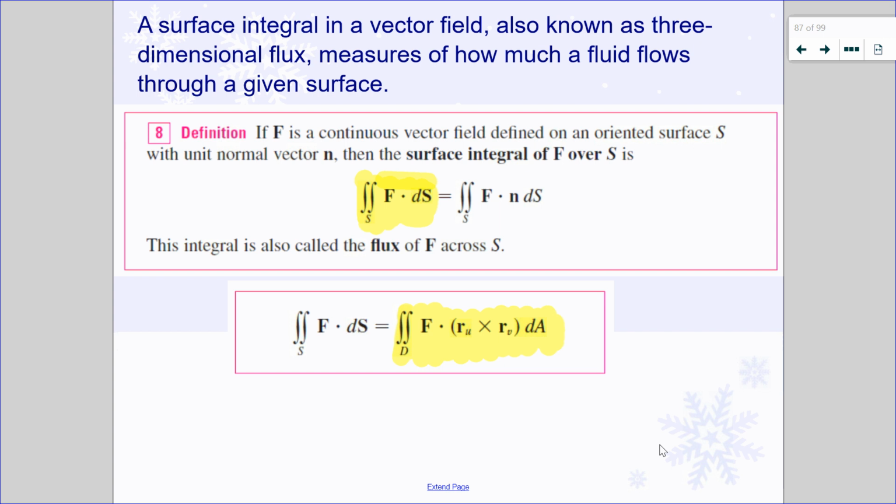You'll find r sub u and r sub v, the partial derivatives with respect to u and then v, and then find the cross product of those, and then take the dot product of the vector field and the cross product, and that is your integrand. You'll take the double integral of that with respect to A, and the bounds are determined by your parameters u and v, much like we did for the surface integrals. So, are we ready to do one?